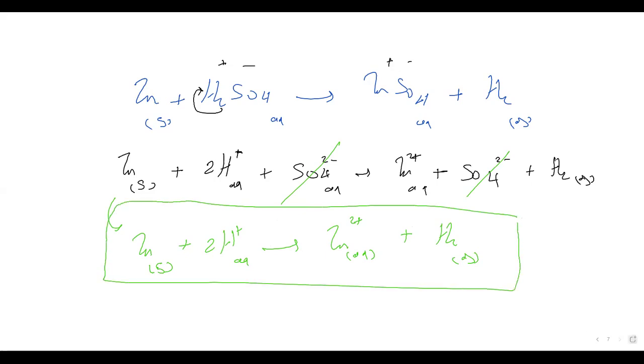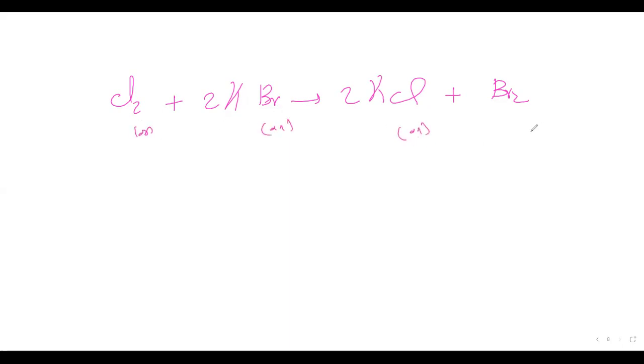Okay, another one. If we have Cl2 plus 2KBr gives 2KCl plus Br2. In this one, Cl2 is a gas, 2KBr is aqueous, 2KCl is aqueous, and Br2 is a liquid.